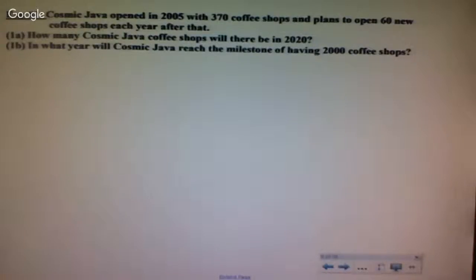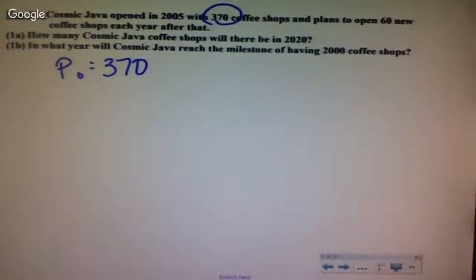Cosmic Java opened in 2005 with 370 coffee shops and plans to open 60 new coffee shops each year after that. Okay, so what does 370 represent? P0. P0 is 370.